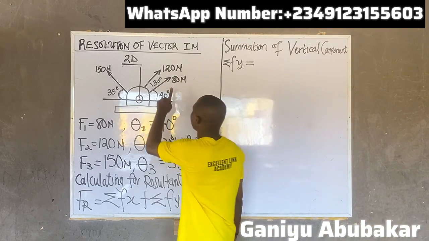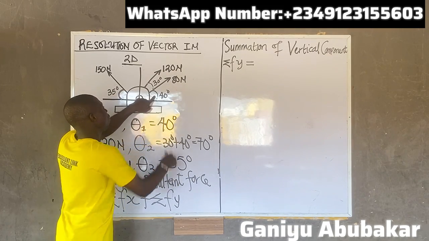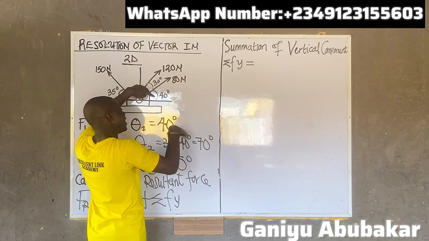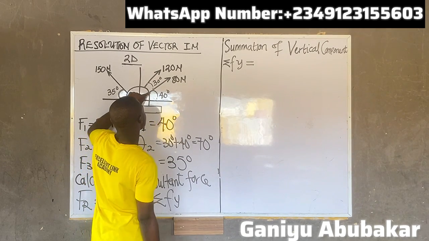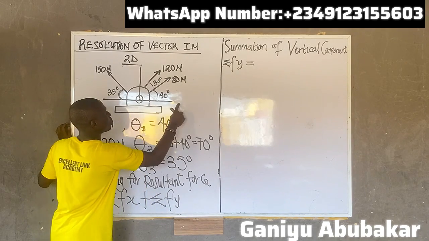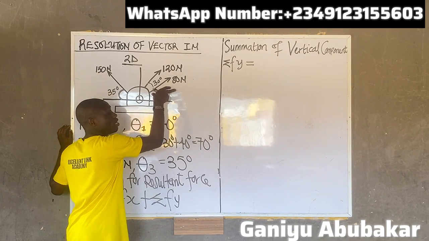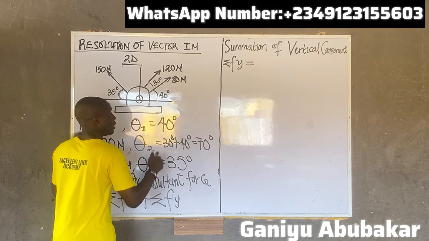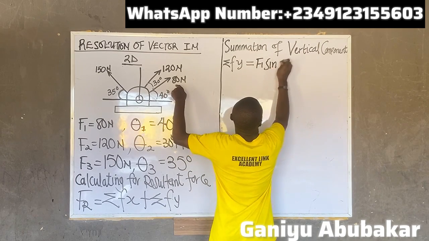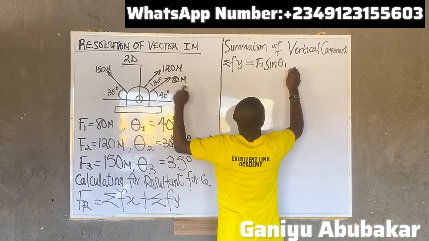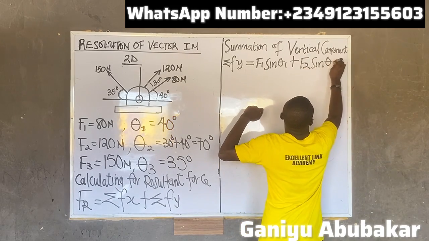Now, let me go back to my F1 and theta 1. Here's the idea. Automatically, they'll all be in sine because the angle is to the horizontal. F_x becomes cos, while F_y becomes sine automatically. So I'll have F1 sine theta 1, plus F2 sine theta 2.